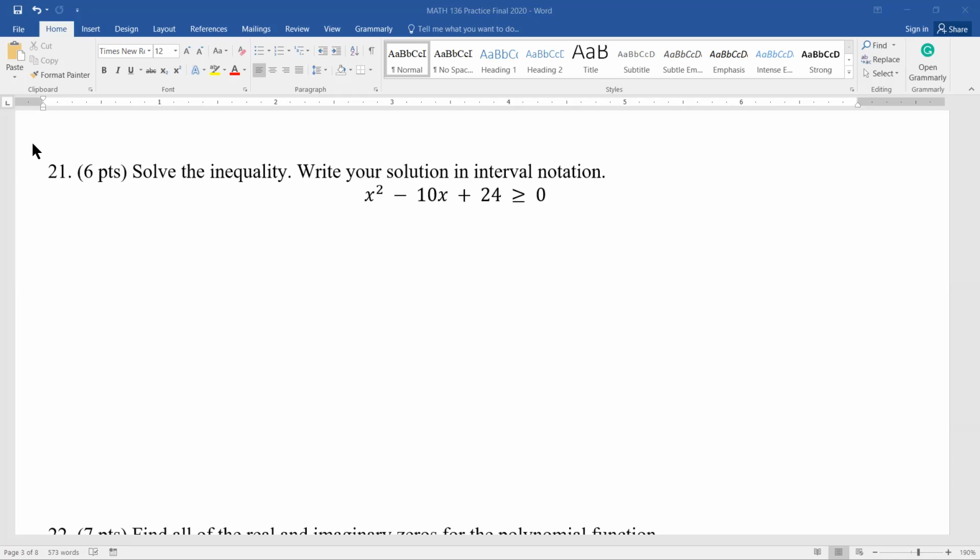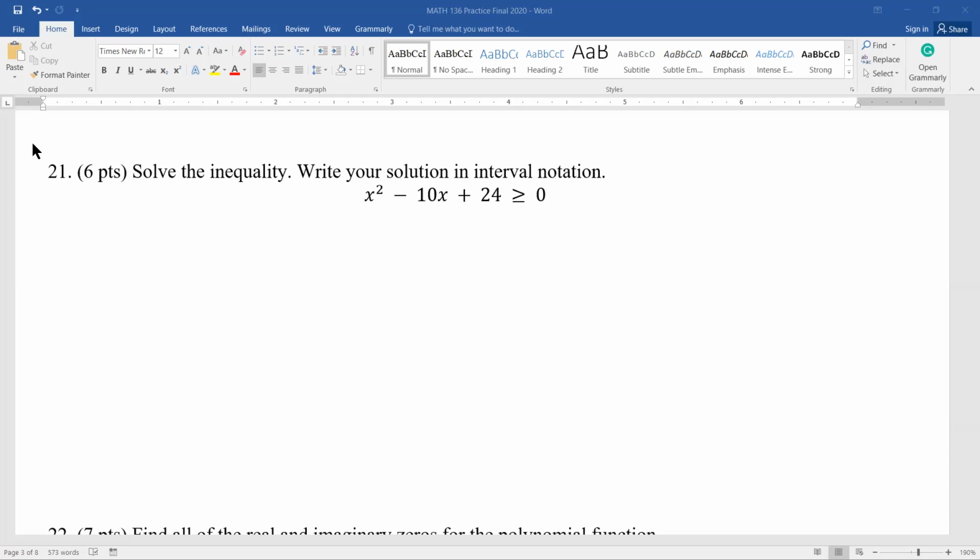And in this case, since the symbol was greater than or equal to, since that equal to was there, we're going to use a bracket for the 4. So there's the first piece, and then we're going to use what's called the union to unite our two answers. It's just a U. And then we're going to write the right side.